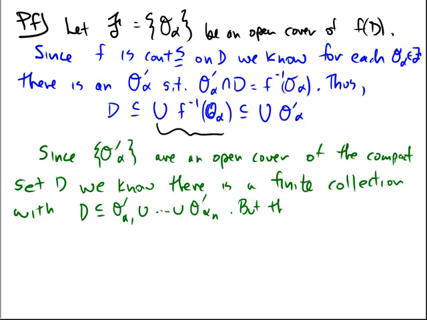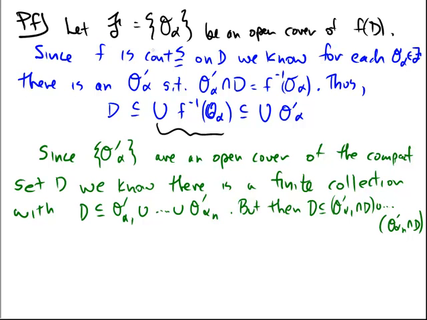Then if we make sure to intersect these down to D to make it relevant, we're not going to affect D on the left at all. We take each of these O prime alpha 1s and intersect each one with D, union, and finally at the end an O prime alpha n intersect D. But then what would this imply?